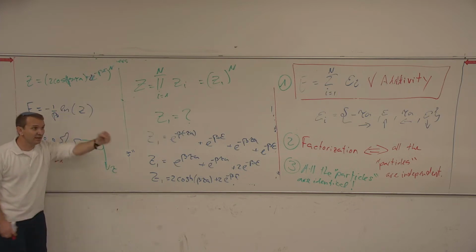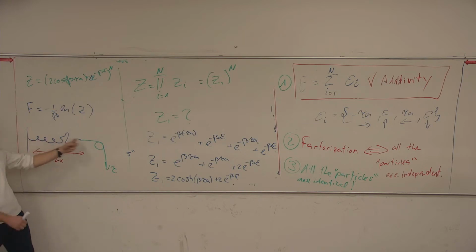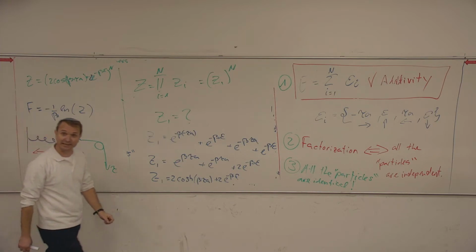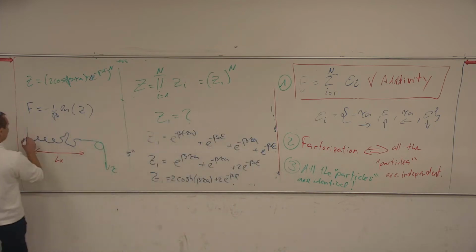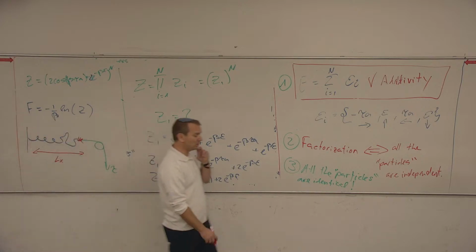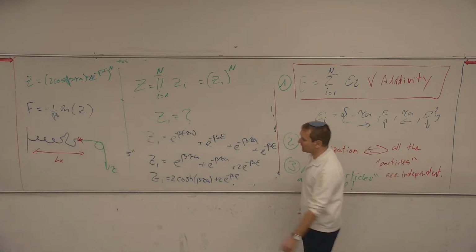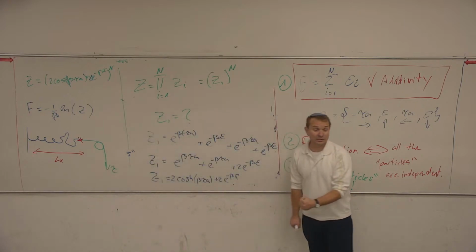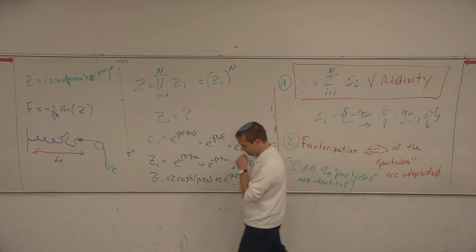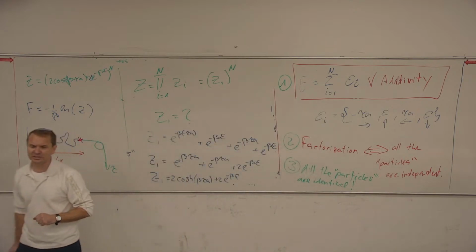This is my bead. I'm pulling my bead, so I'm pulling on this DNA. And because I can visualize my DNA, I can put a marker over here. So I can measure the total length of my DNA. And I'm interested in a response to the force. I apply different forces over here, and I want to measure the elastic response of this DNA.